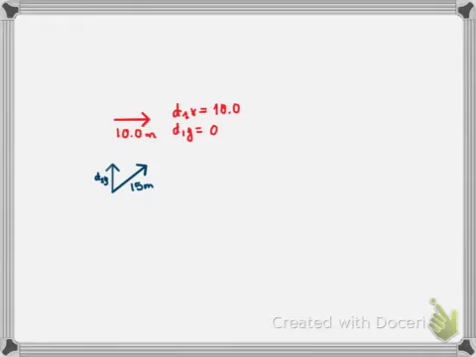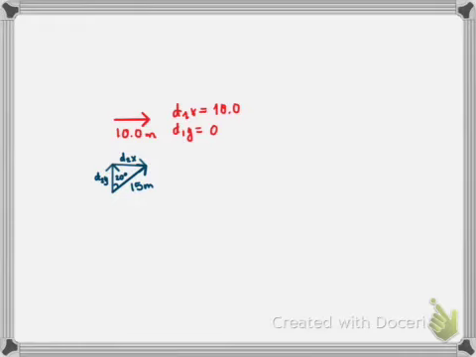So to get that, we need to find d2y and d2x. And again, we formed a 90-degree triangle with a 20-degree angle in between them. So if we're trying to find d2x first, we can see from our right triangle that that is the opposite side of the 20-degree angle.